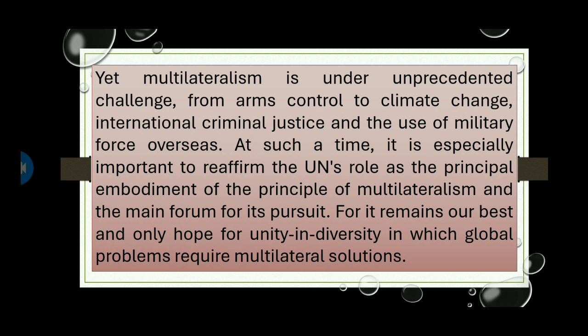Yet, multilateralism is under unprecedented challenge, from arms control to climate change, international criminal justice and the use of military force overseas.